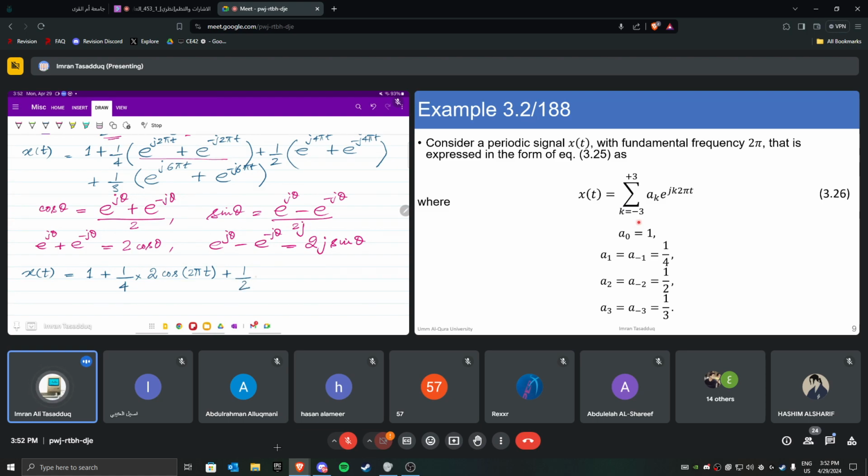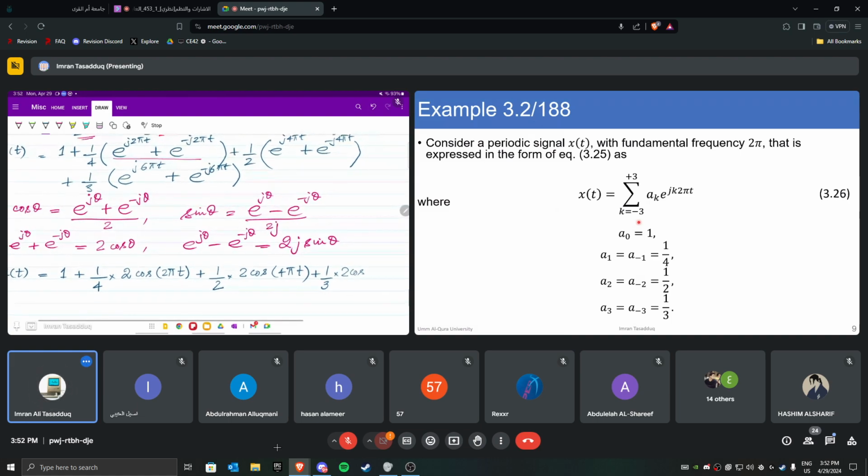In this one, it is again 2 cosine 4 pi t. And then the last one, it is plus 1 by 3 into 2 cosine 6 pi t.